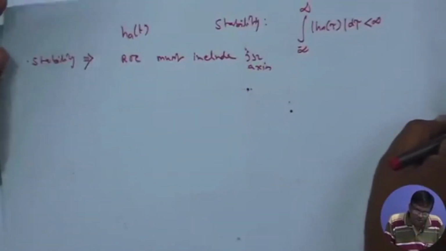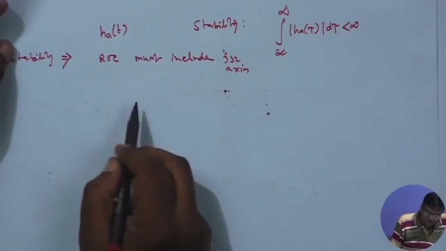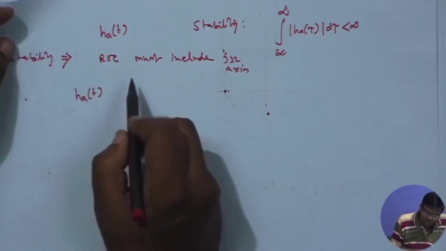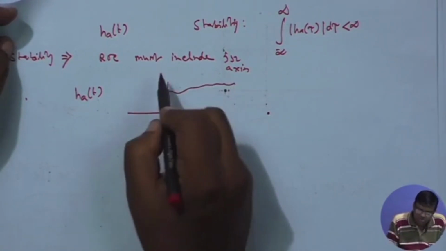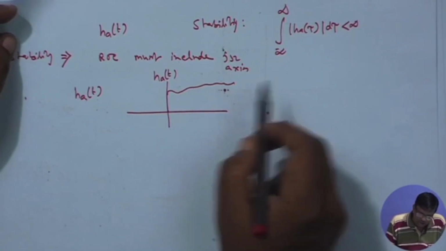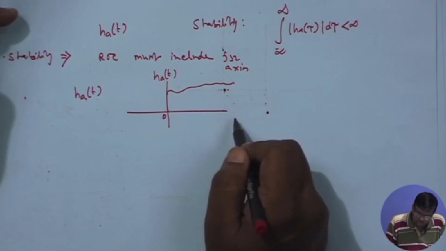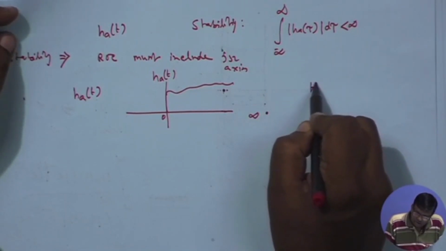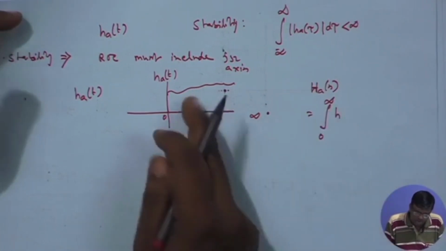On the other hand, if h(t) is causal, then what happens? For that, you see one thing, suppose h(t) starts from here. I will not give a full treatment. Suppose it is a function like this. In this case, H(s) is integrated from 0 to infinity, because the function does not exist on this side.